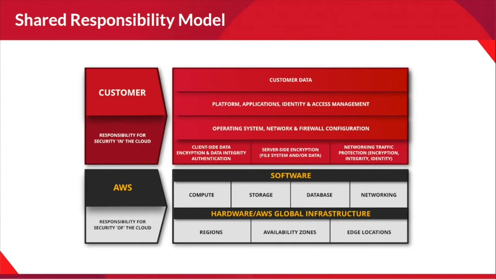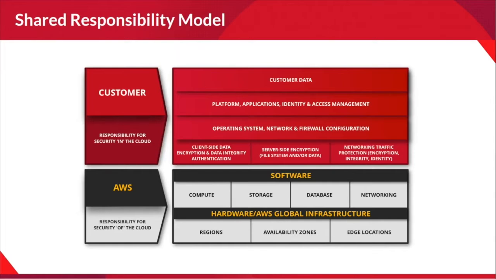So security of the operating system, network, firewall configuration, followed by application security and identity and access management. So how much of this additional security you wish to implement is entirely your decision. So what you choose may depend on the nature of your business or on existing controls that you may already have in place.